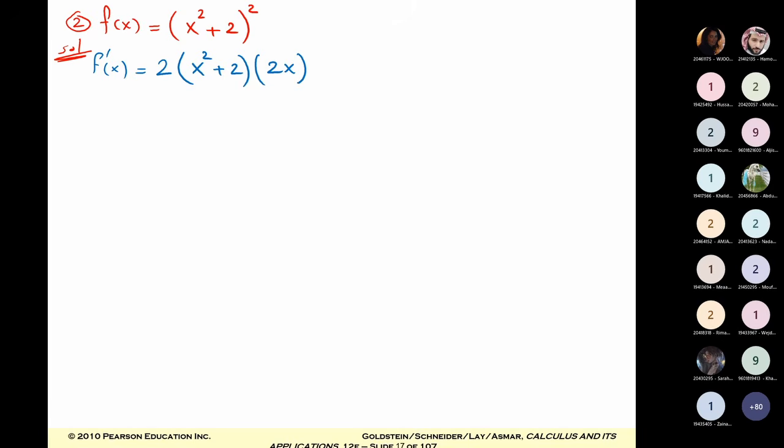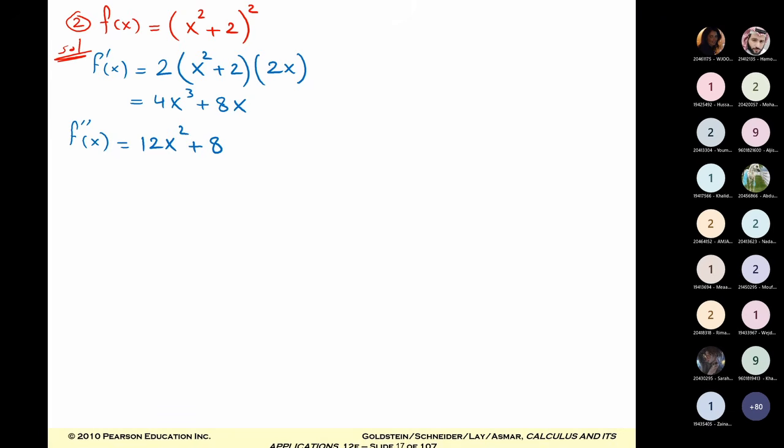We need to simplify. Multiply 2 with x squared with 2x, so we have 4x to the power 3. Multiply 2 with 2x, so we have 8x. So this is f prime. Okay. Now we need to find f double prime. This is equal to 12x squared plus 8.